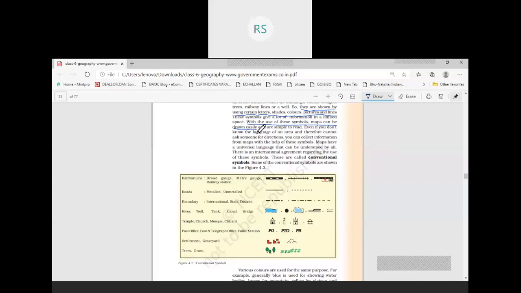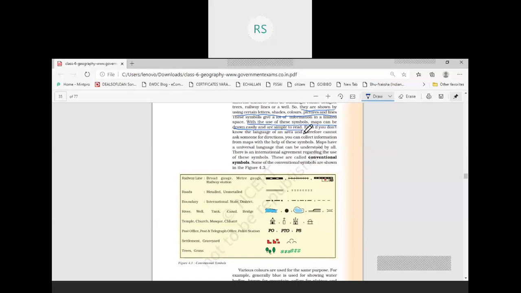But when we use symbols to show these features, we can draw them easily. And the second important thing is when we use different symbols in a map, everyone can understand it. Everyone can easily read it. They can easily understand what this symbol is denoting.